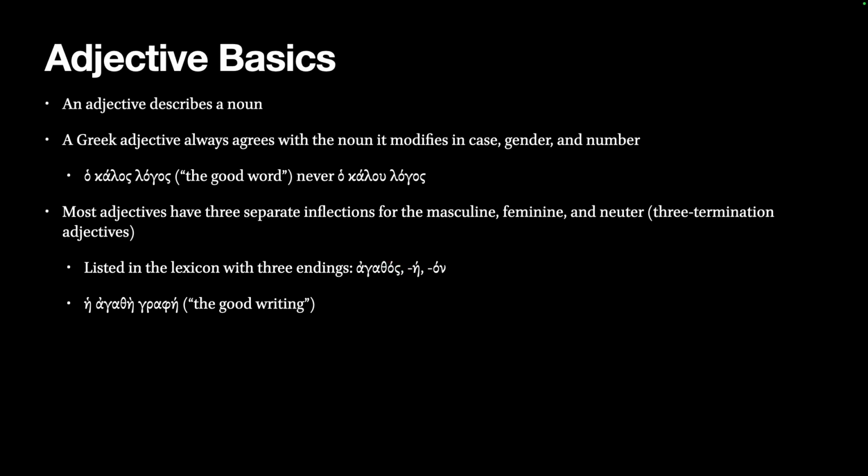Agathos, agathe, so you can think of that eta at the end as attached to the root agath there, and the same thing for on, agathon. This indicates that this adjective has three terminations. It has three different endings to it that can all then inflect for the different cases in those different genders. So most adjectives have three separate inflections or three terminations to them.